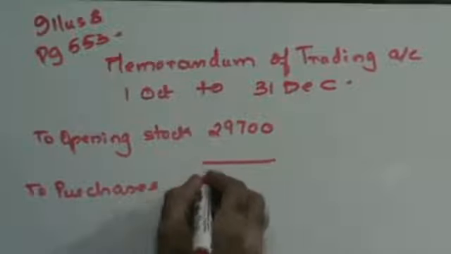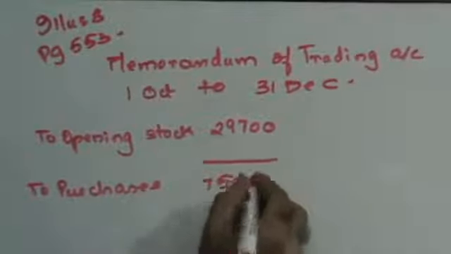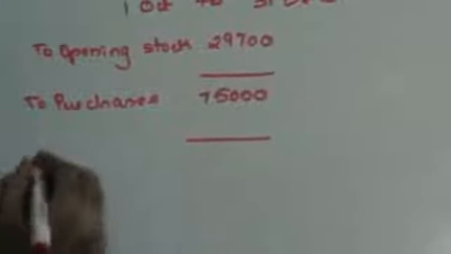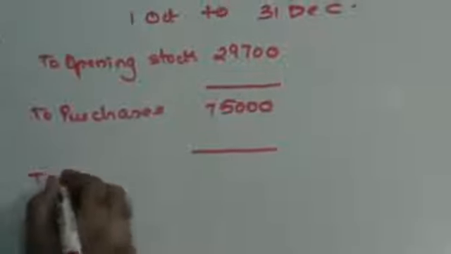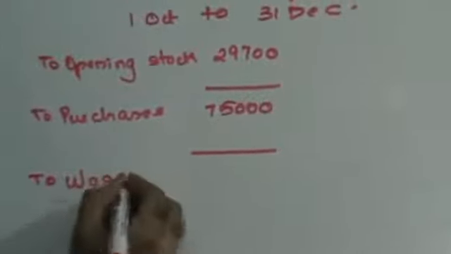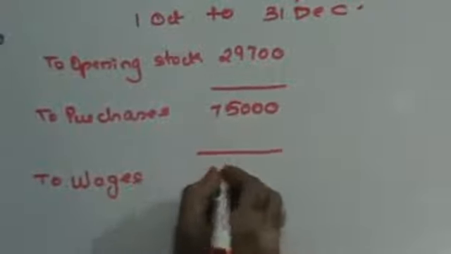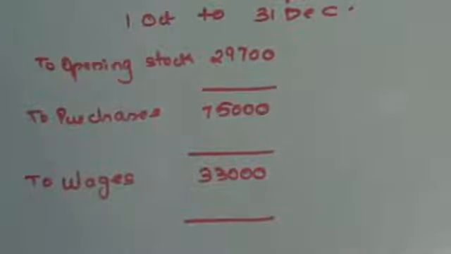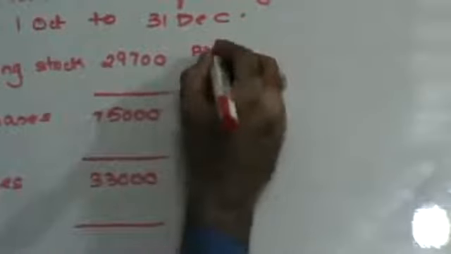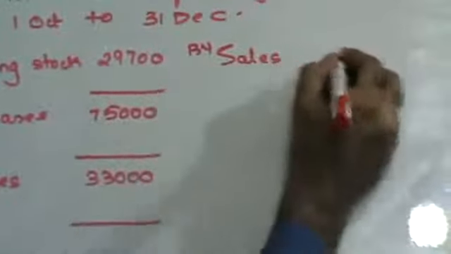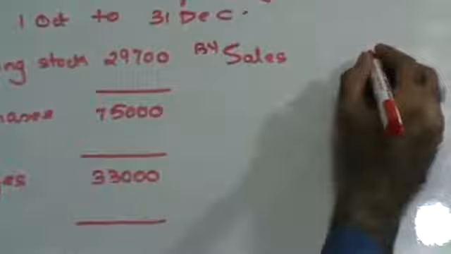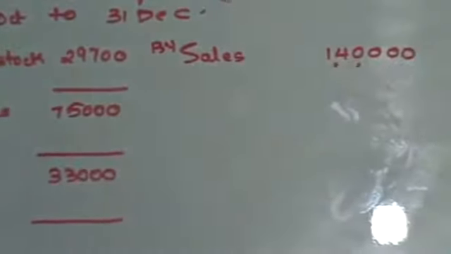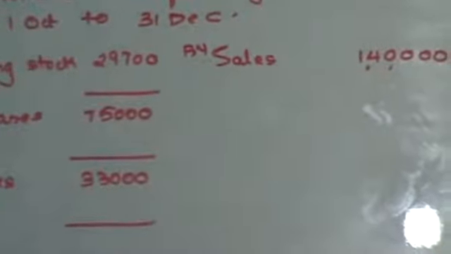Purchases are given to you as 75,000. Next, to wages. Wages are given to you as 33,000. And by sales. Sales is given to you as 1,40,000.